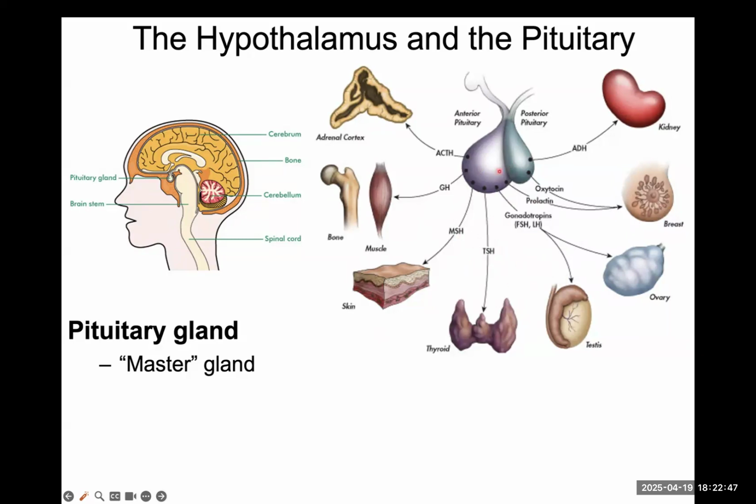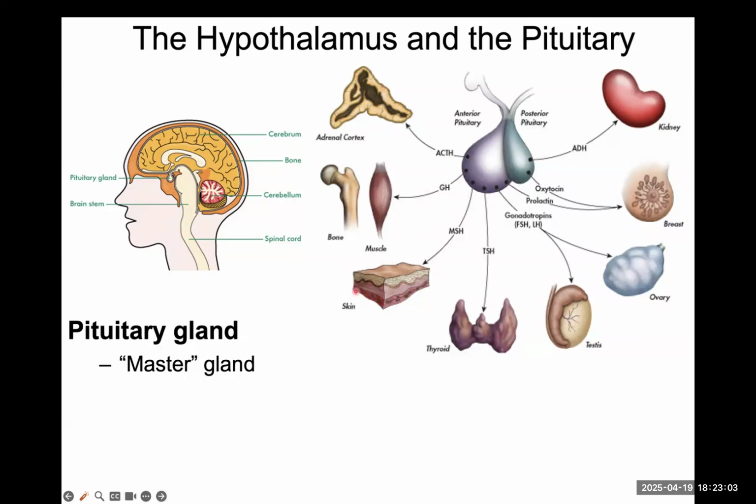It can make your urine more concentrated or less concentrated. That's why it's called the master gland. It controls a lot of other organs.